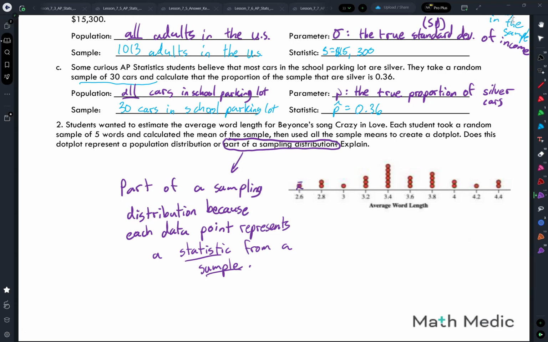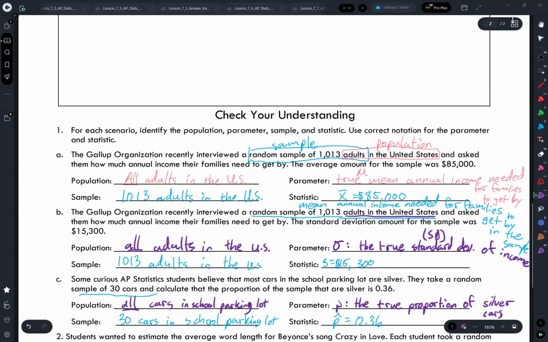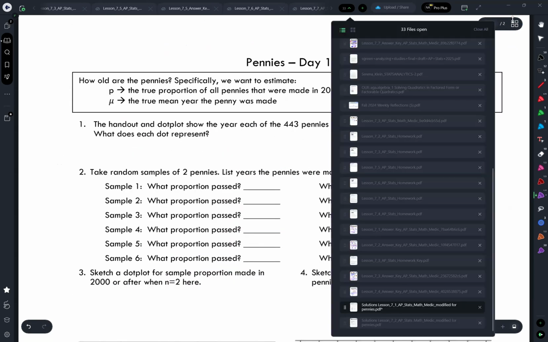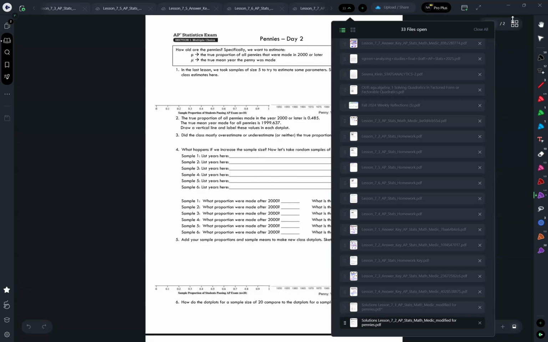Notice these are all little x bars. Not sure if you can actually see that, but there's the check your understanding for that first lesson we did today.